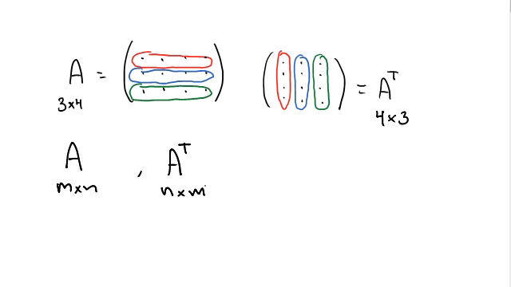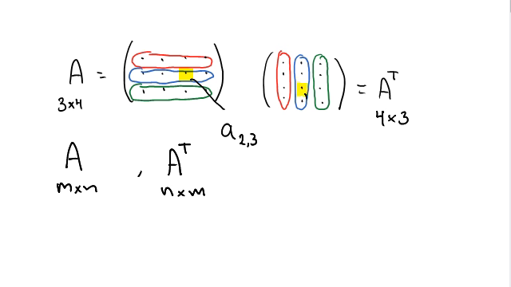Another interesting thing with the transpose is to keep track of where the individual elements will end up. So let's focus on this one, for example. That one is a_{2,3}, it's in the second row and in the third column. When I transpose the matrix, that guy ended up right there.